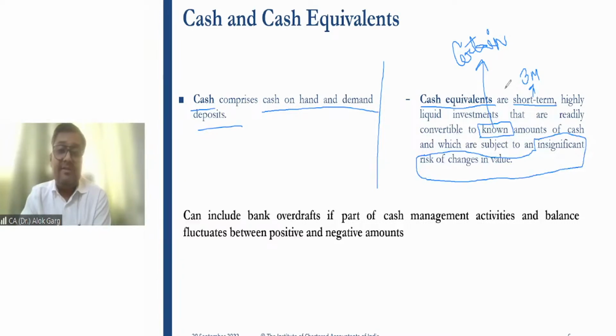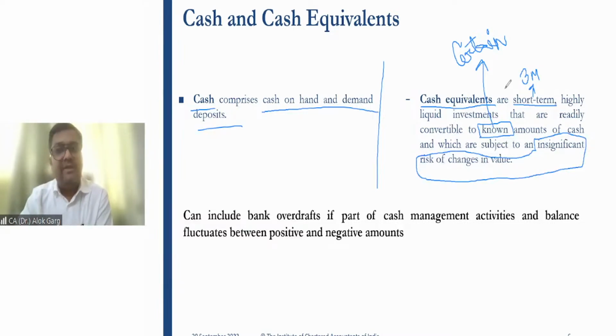Are you aware about this? Do you have this convertibility into a certain amount of cash? Answer is no. Tomorrow or day after, it could be 2500, it could be 500, right?